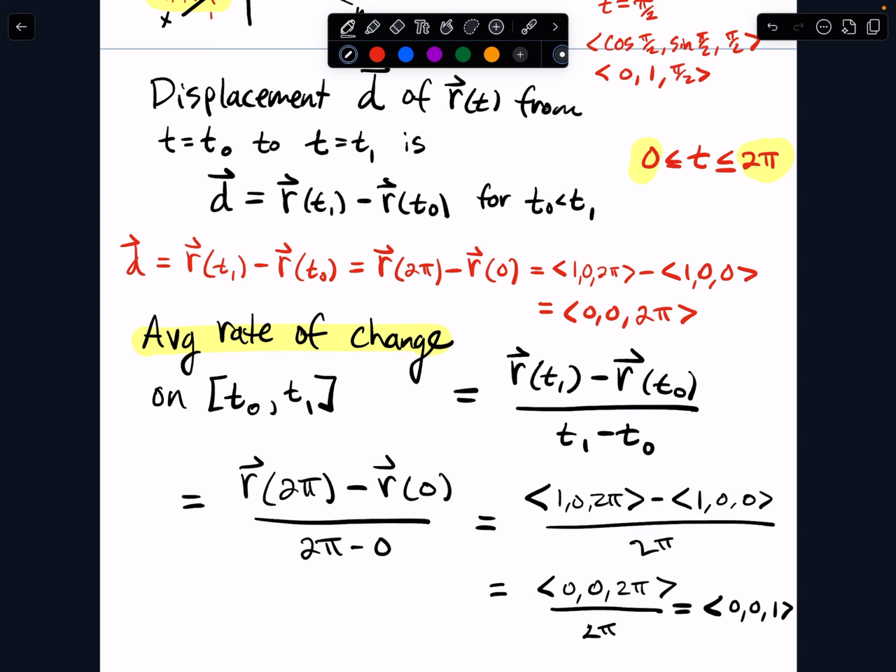Okay, that is the average rate of change on 0 to 2 pi for the vector valued function r of t equals cosine t, sine t, t. All right, and so that's going to conclude section 11.1.